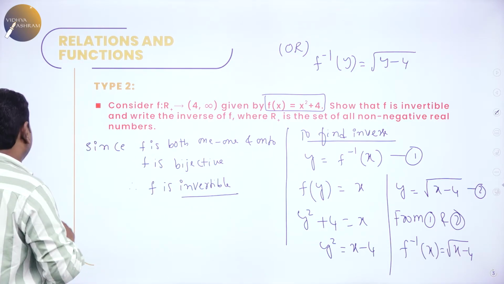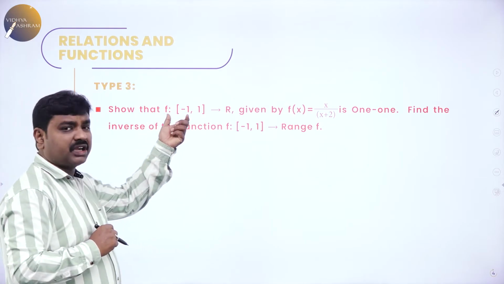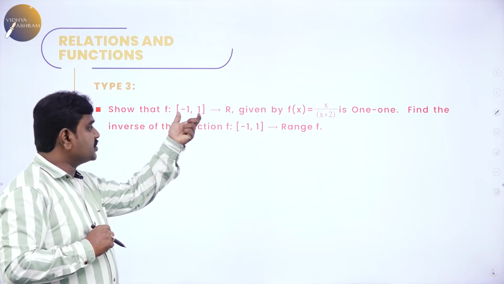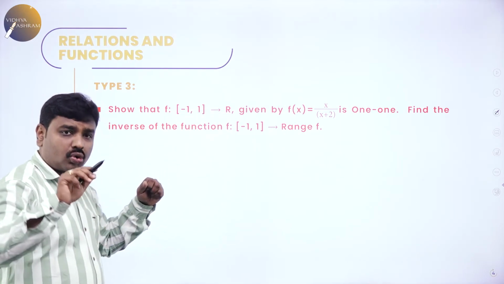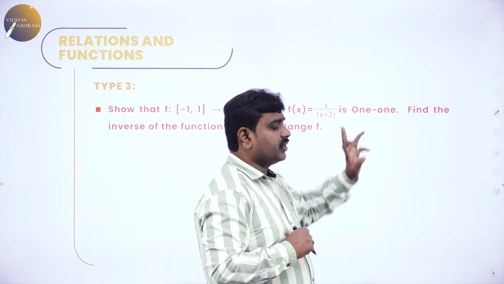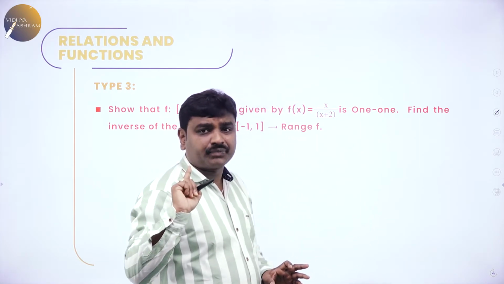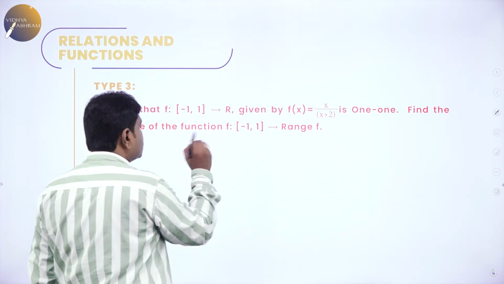Now type 3. Next they have given a function f maps closed interval minus 1 to 1 as the domain. All real numbers are the codomain, and f of x they give x by x plus 2 is 1-1. They are asking to prove just 1-1. They are not asking you to prove bijective. And also they are telling find the inverse of this function.